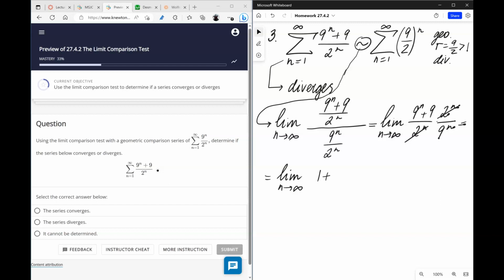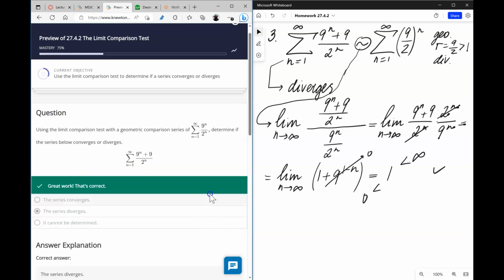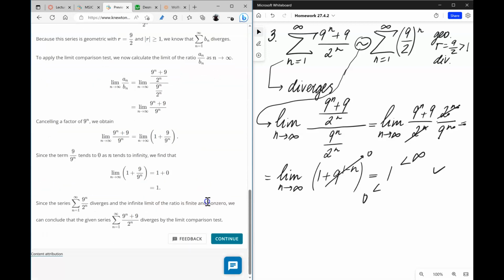And we have 1 plus 9 to the power 1 minus n. This term goes to 0, so the whole limit is equal to 1, which is a number between 0 and infinity. So we established the equivalence, therefore those two series behave similarly, therefore the original series diverges. That's the reasoning.